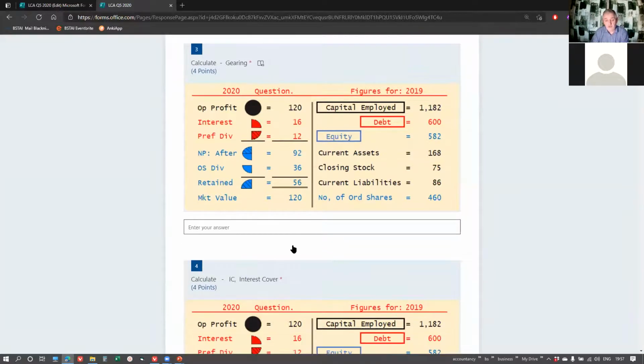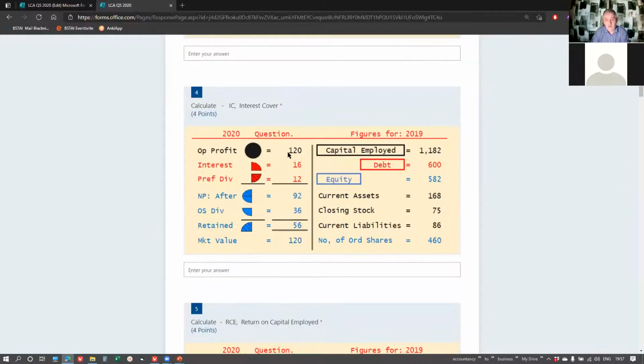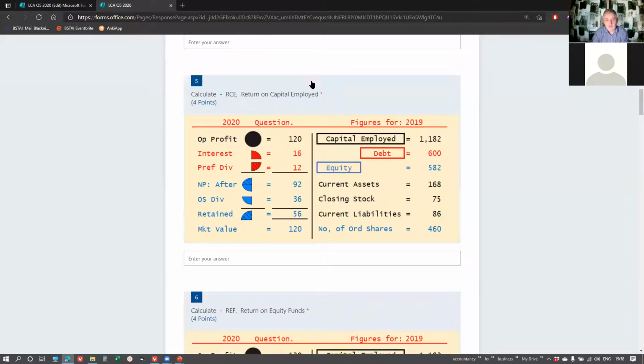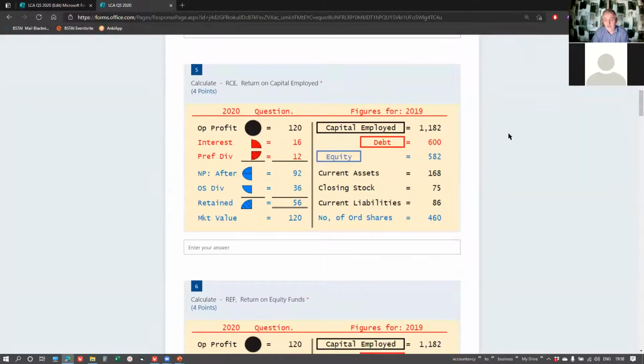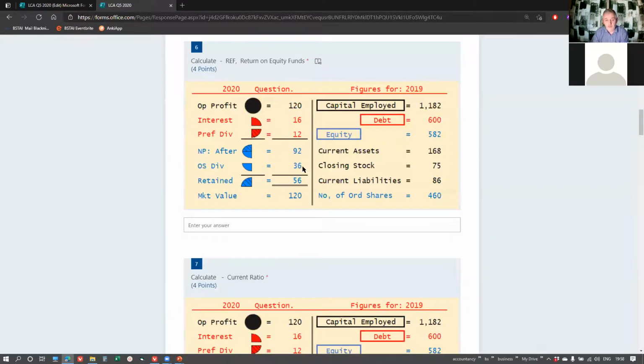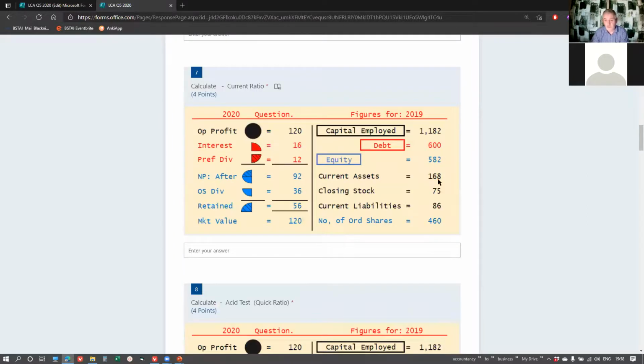And then for interest cover, they're able to go straight to 120 over 16, and it's times. Return on capital employed, it's 120 over 1182, it's percent. Return on equity funds, it's 92 over 582, it's percent. Current ratio, it's 168 over 86, it's to 1.